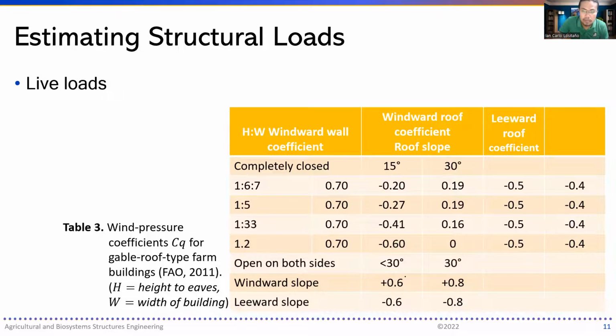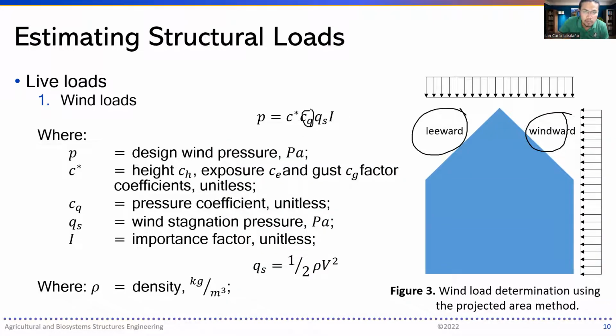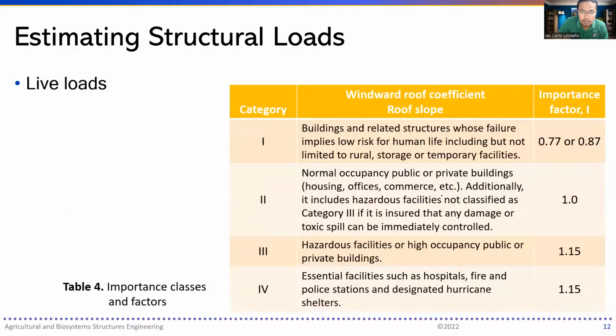And this is the final value for your CQ. For leeward roof portion, you have this load. So you have now your CQ, and you have your other C prime, C sharp, C asterisk that has to be determined.